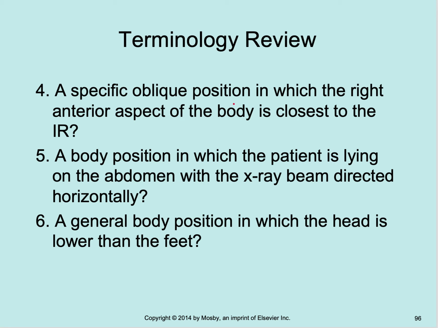So a specific oblique position in which the right anterior aspect of the body is closest to the IR. So oblique, we have the O, right? And then we have the right anterior aspect. So RAO is closest to the IR.